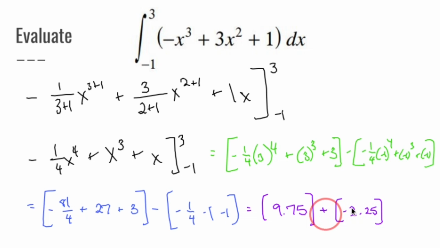Double negative becomes a positive. 9.75 plus 2.25 is going to give me a nice 12. And that's the fundamental theorem of calculus for you. You can't spell fundamental theorem of calculus without fun. The answer is 12.